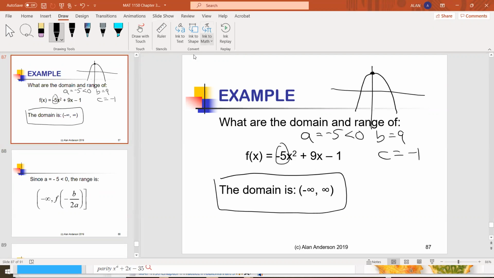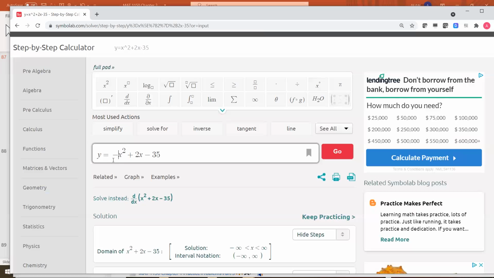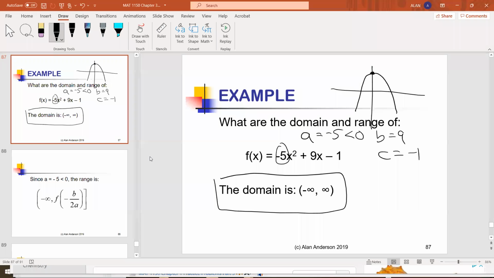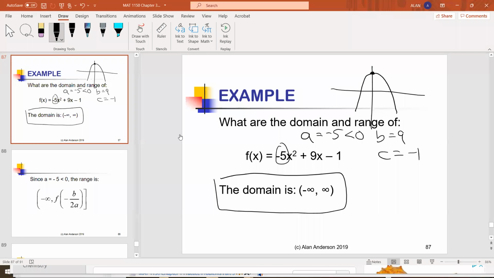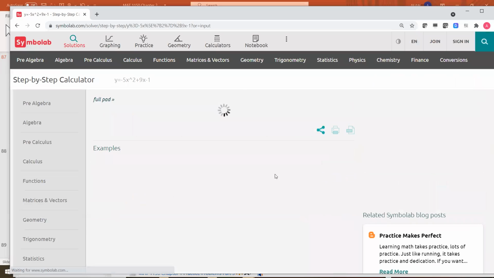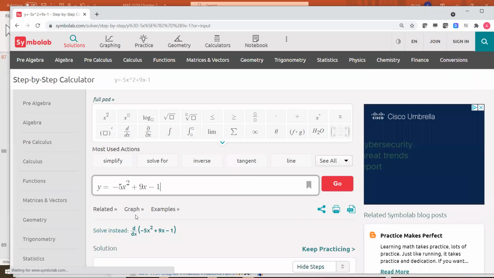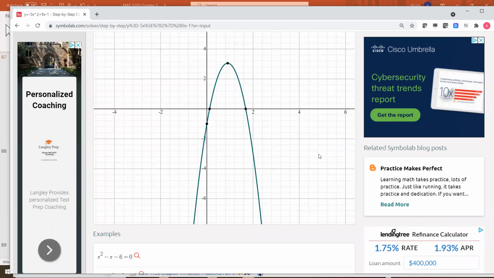So let's go look at Symbolab, just so we can visualize it better. Minus 5x squared plus 9x minus 1. Let's see what that picture looks like. Okay, so this is what we would expect.